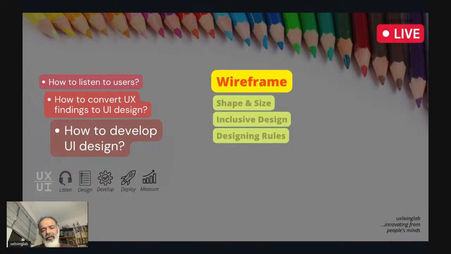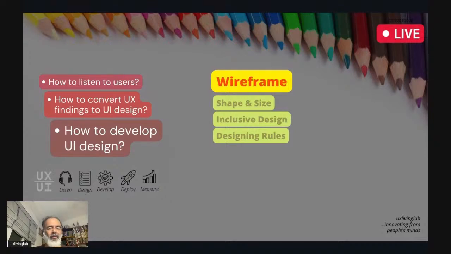In today's session, we'll talk about wireframe, developing the wireframe. It includes shapes and size, what are the things to be considered, and inclusive design, how to include all categories of people in the design, or how to consider their requirements in the design, then designing rules.